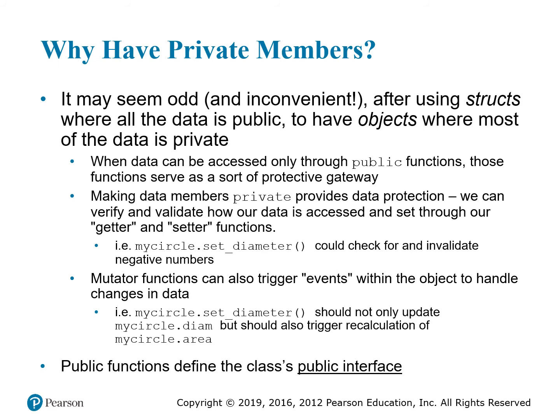The object itself might need to validate that the GPA is between 0 and 4, or setDiameter in this case might need to check for and invalidate negative numbers, because you can't have a negative diameter. So if you try to set a negative diameter, it could return an error. It could just keep the old value, whatever that was, and reject the negative number. There are a lot of options here, but you can invalidate that negative number.